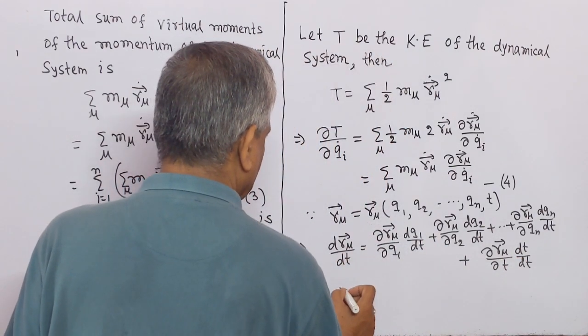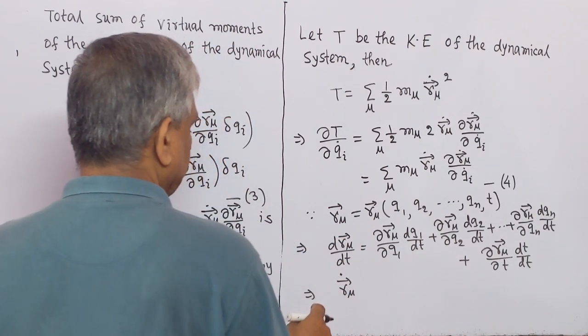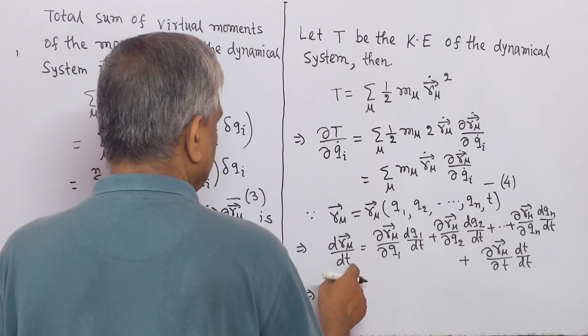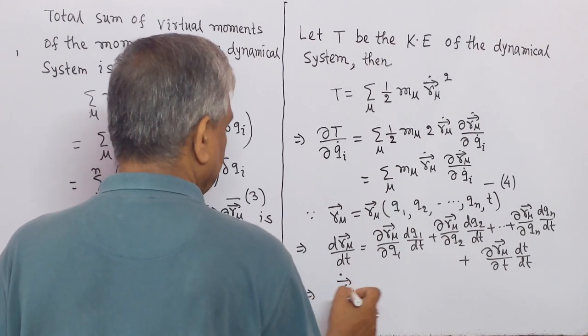This is r_mu dot, since the derivative with respect to t is written as a dot over that quantity.